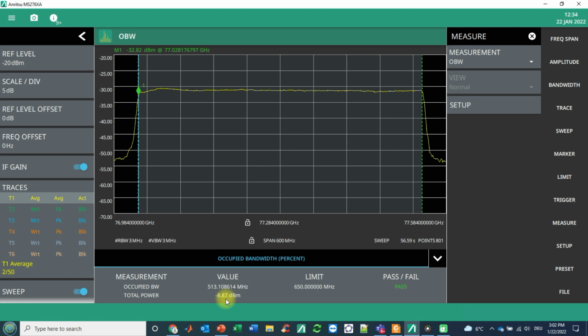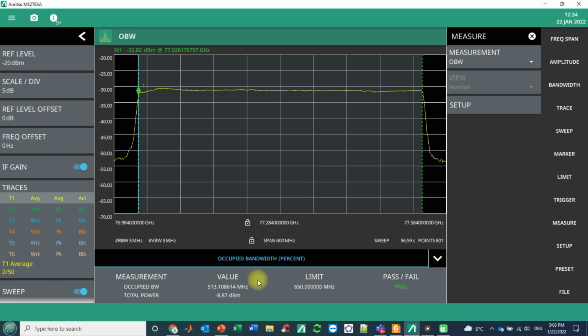The measurement distance between the MS2760 including this dielectric lens antenna towards the radar is 1.35 meters.